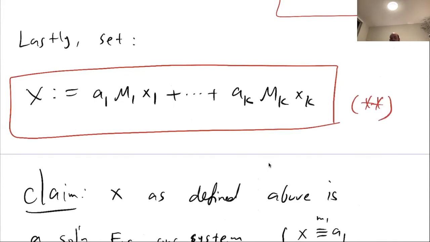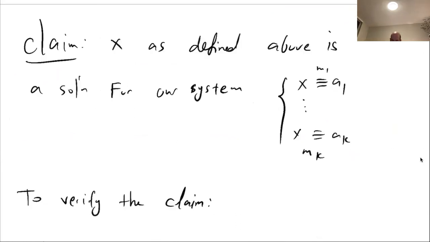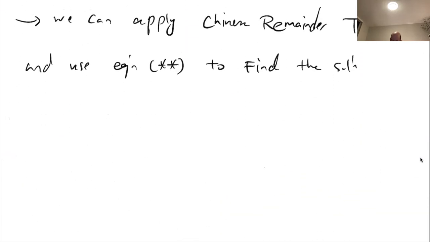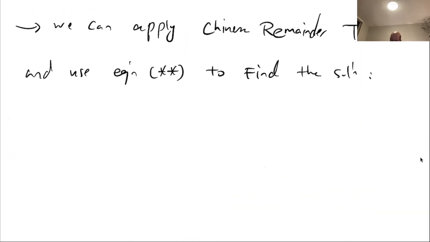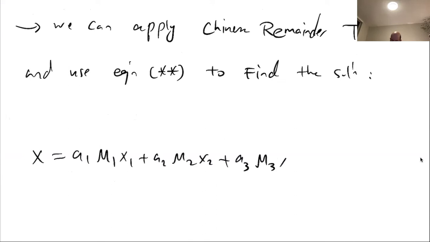The Chinese remainder theorem tells us that if you want to solve the system, the solution x can be given by this equation: a1 m1 x1 plus a2 m2 x2 plus a3 m3 x3 and so on. Right now I have only 3 of them. So x is a1 m1 x1 plus a2 m2 x2 plus a3 m3 x3.